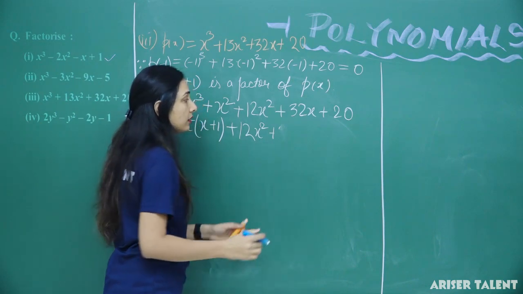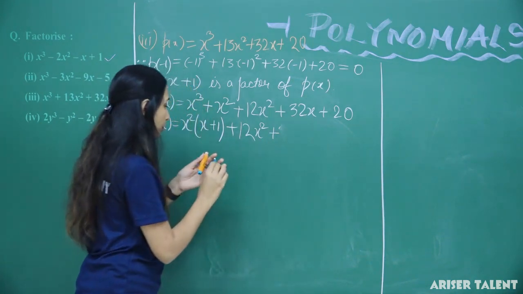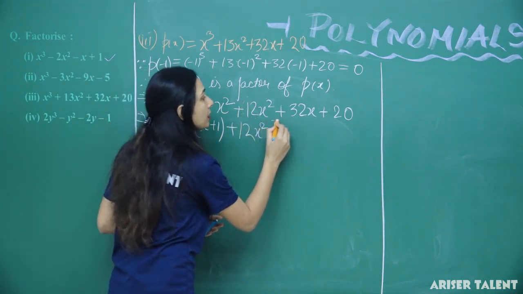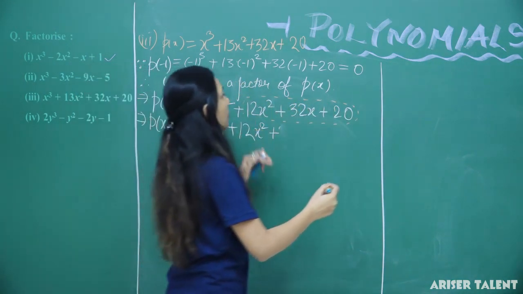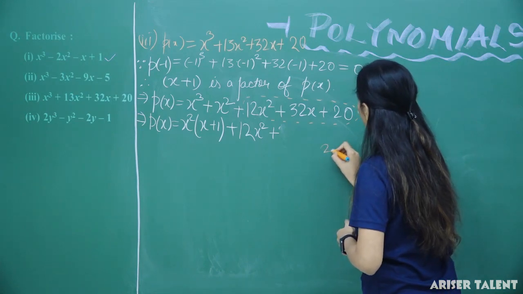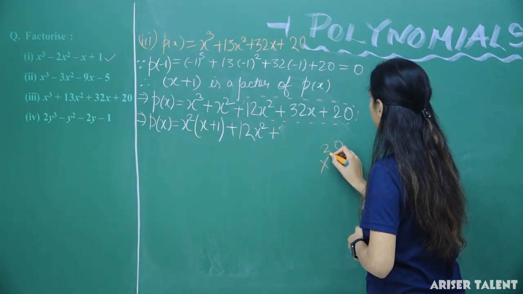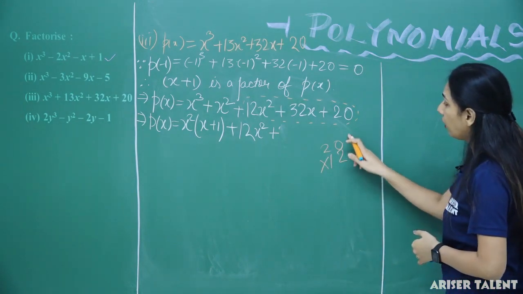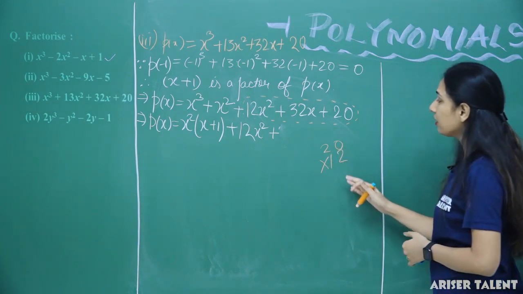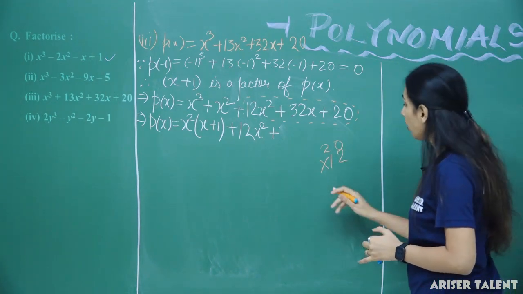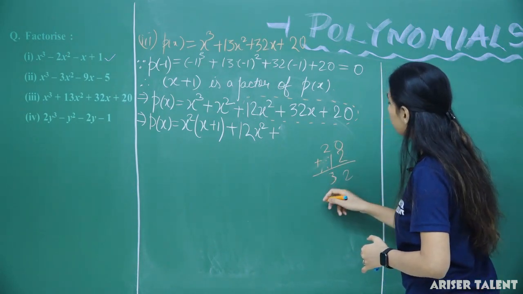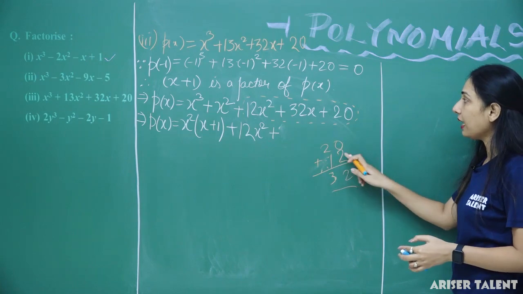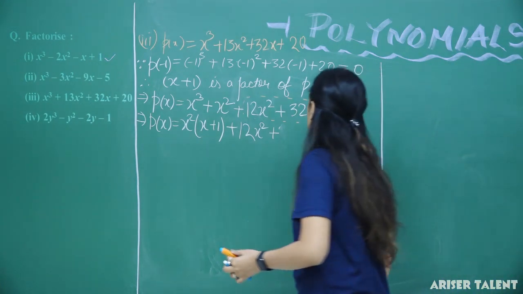Now if I talk about this particular portion, if I multiply the coefficients here, 20 multiplied by 12, we will have some number, and if we add the factors, what we are getting? 32. So we are getting 32x by adding these two factors.